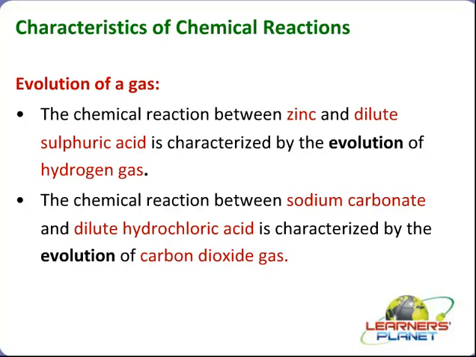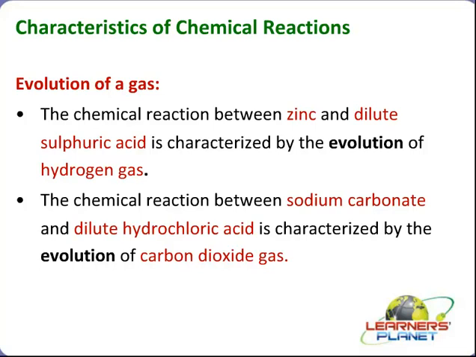Now the first among these characteristics is evolution of a gas. Means when two substances are reacting, a gas is evolved there. For example, when zinc is treated with dilute sulfuric acid, hydrogen gas is evolved. Now how could you tell whether a gas is evolved or not? When a gas is evolved, there are bubbles formed in the test tube.